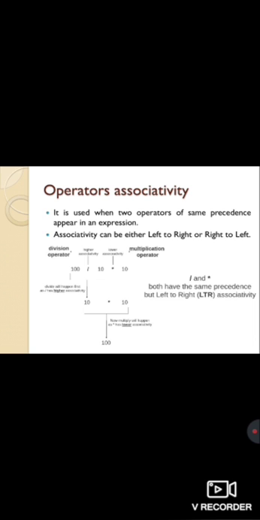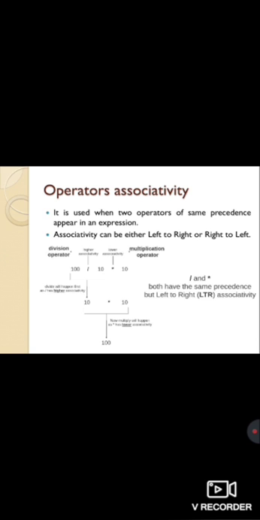Next, operator associativity. It is used when two operators of the same precedence appear in an expression. Associativity can be either left to right or right to left. For example, star and division have the same precedence and their associativity is left to right.